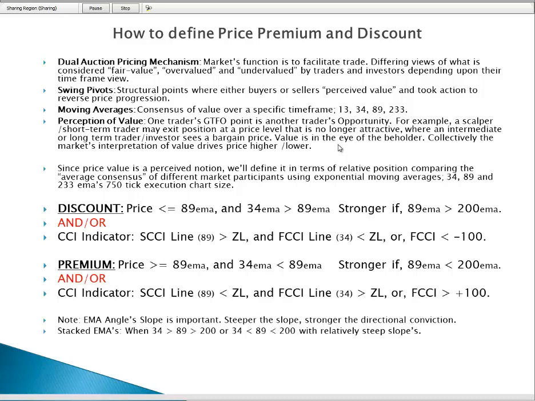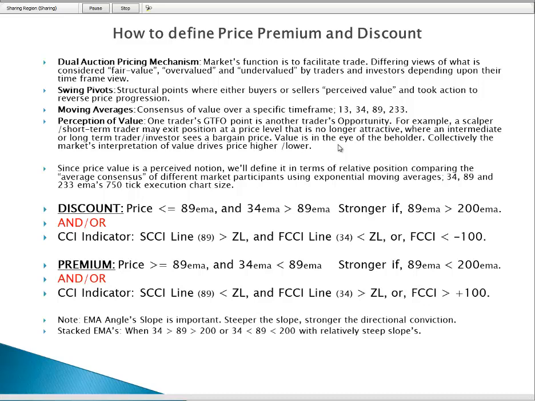And it's stronger if the 89 is above the 200 and the 200 is also sloping in the same direction. And or, and this is an important condition, and or the CCI indicator, the SCCI line, which is the slow CCI line, is greater than the 0 line, and the fast CCI line is less than the 0 line, or the fast CCI line is less than the minus 100.